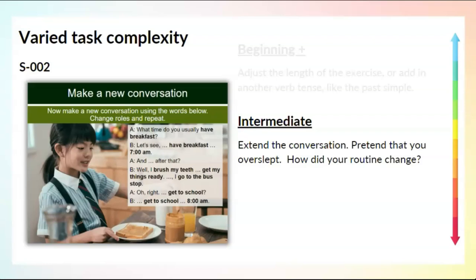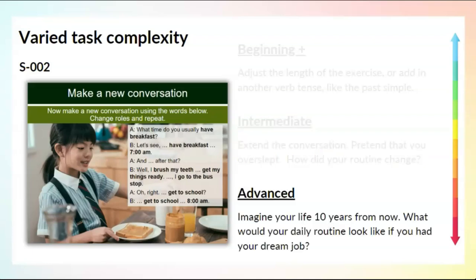For intermediate students, you could extend the conversation and ask them to pretend that they overslept. Ask them, how did your routine change? To make the exercise more advanced, ask students to imagine their life 10 years from now. Ask them what their daily routine would look like if they had, for instance, their dream job.